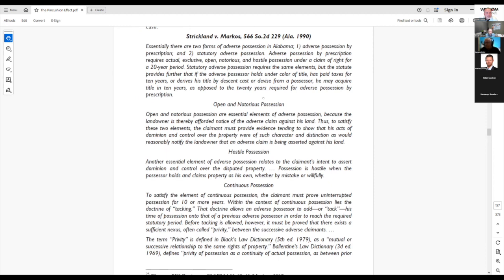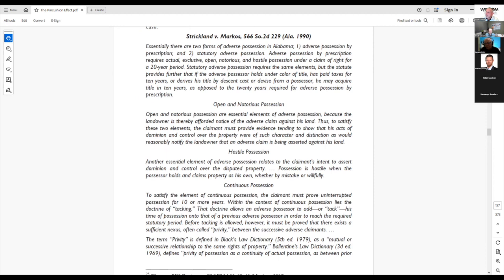Statutory adverse possession requires the same elements, but the statute provides further that if the adverse possessor holds under color of title, has paid taxes for 10 years, or derives his title by descent, cast, or devise from a possessor, he may acquire title in 10 years as opposed to the 20 years required for adverse possession by prescription.